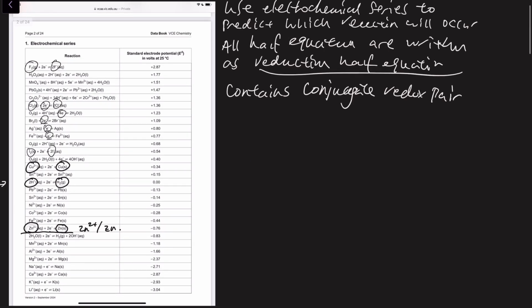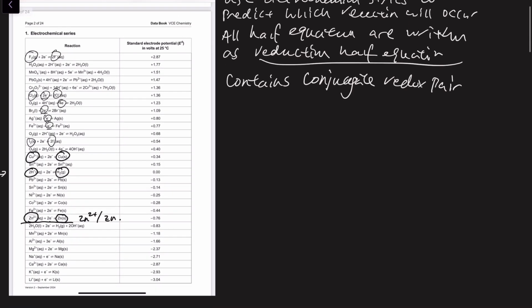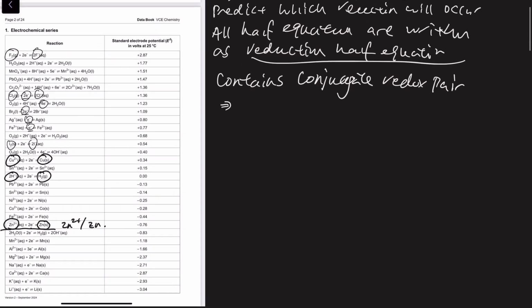The most important thing you can obtain from the electrochemical series is that the top left is the strongest oxidation agent.